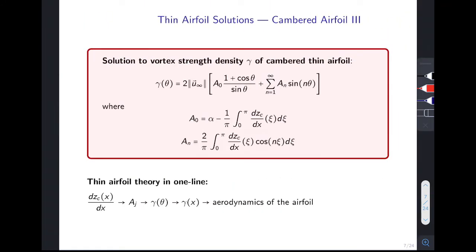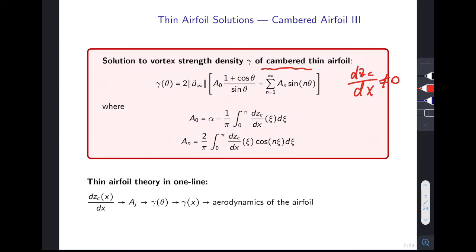Okay, good. So this is a summary slide about the solution to the vortex strength density gamma of a cambered thin airfoil. Cambered basically means that the slope of the camber line is not zero.